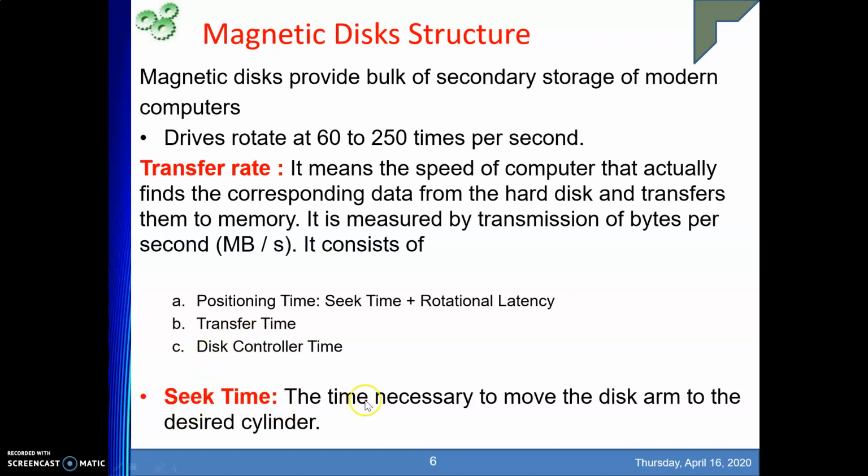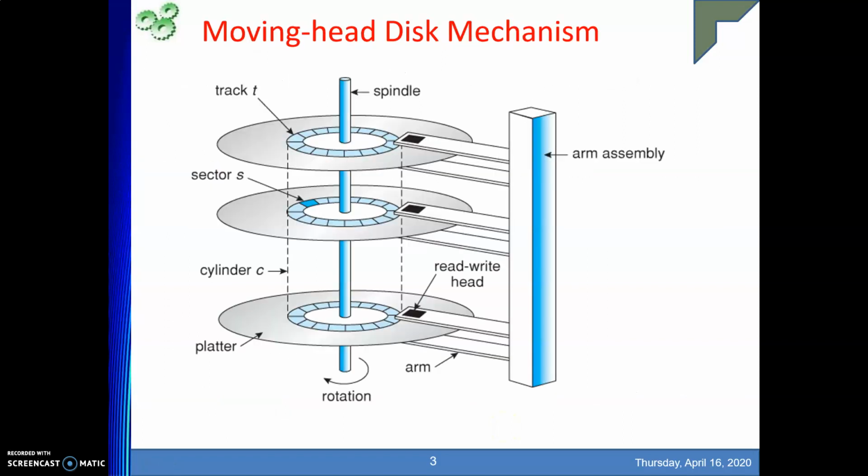So seek time, the time necessary to move the disk arm to the desired cylinder, is your seek time. These two components are very, very important, seek time and rotational latency. So seek time is the time necessary to move the disk arm to the desired cylinder. See here, we need to move the disk arm to a particular cylinder, means to one particular track.